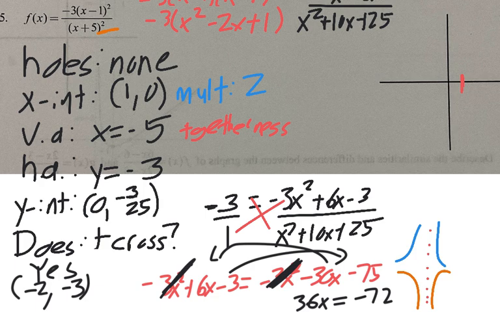The x-intercept is at (1, 0). This is what we've done. The y-intercept is at (0, -3/25), which is almost 0. Look right there. I have a vertical asymptote at x equals -5.